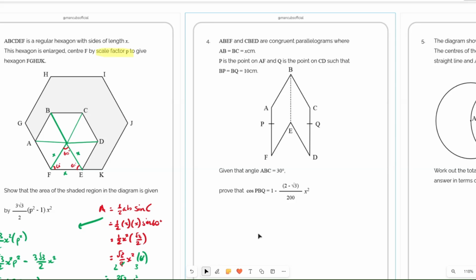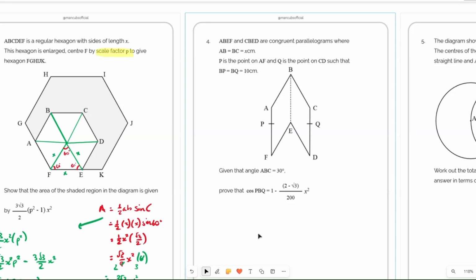Given that angle ABC equals 30 degrees, prove that cos PBQ equals 1 minus (2 minus root 3) over 200 x squared. So this is like one of those really, really famous last questions that was incredibly difficult for a lot of people, but we're going to try and do it today. I'm going to try and show you how to do it.